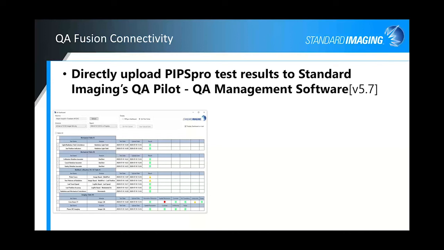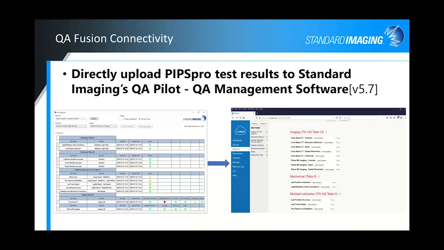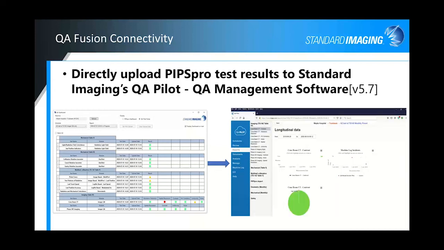It allows you to automatically transfer all your test results from PIPSpro into QA Pilot, and gives you the results not only in an overview like you see here. You can see our TG142 table for our cone beam tests, kV planar tests, MV planar tests, mechanical tests, things like that. But you can also dive deeper into the actual results for those specific tests as well.